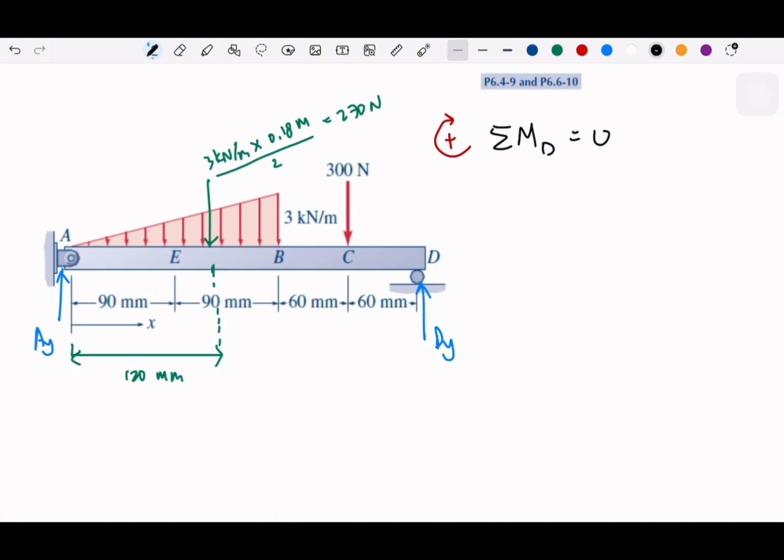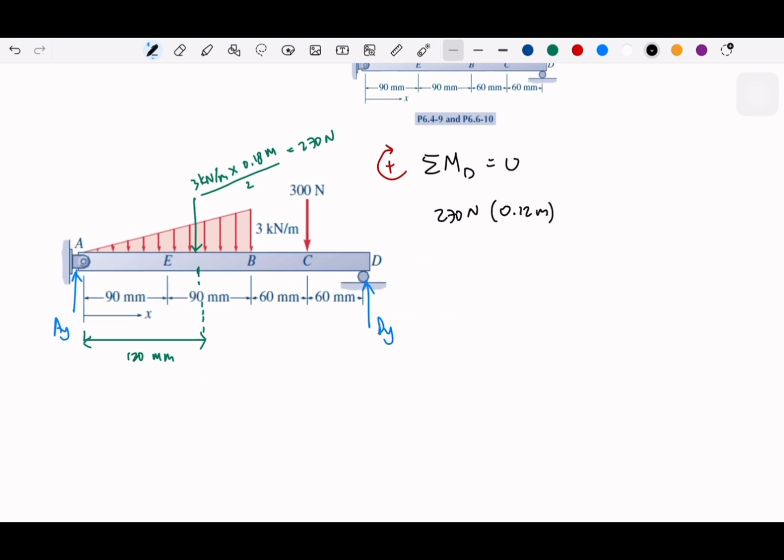So we have 270 Newton and then 120 millimeter, so 0.12 meter.